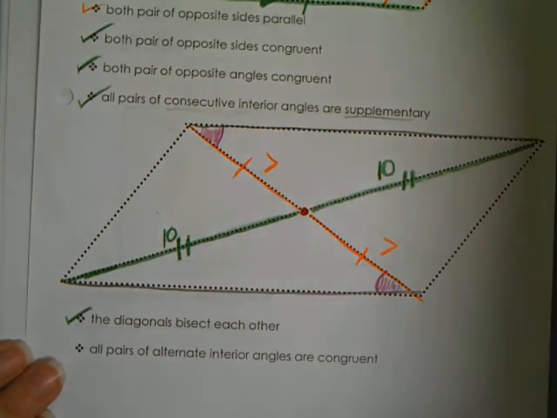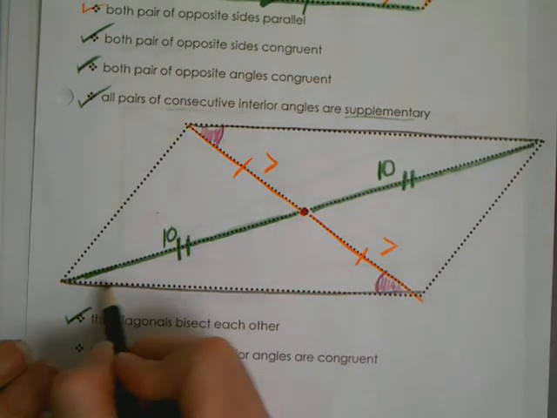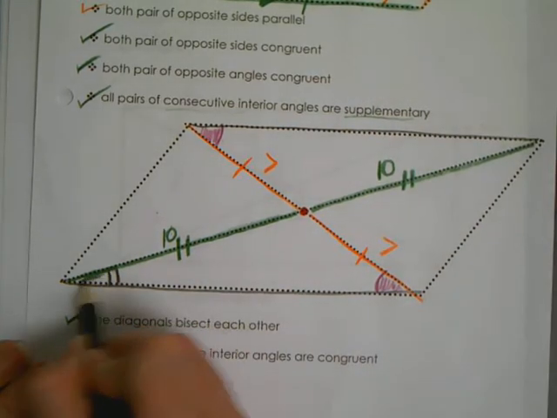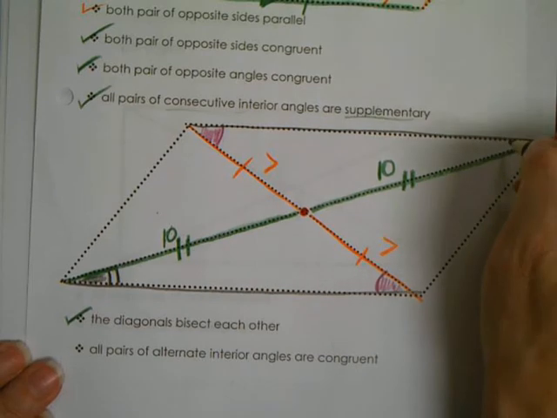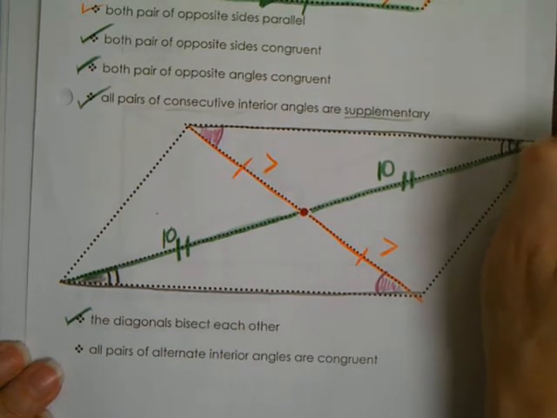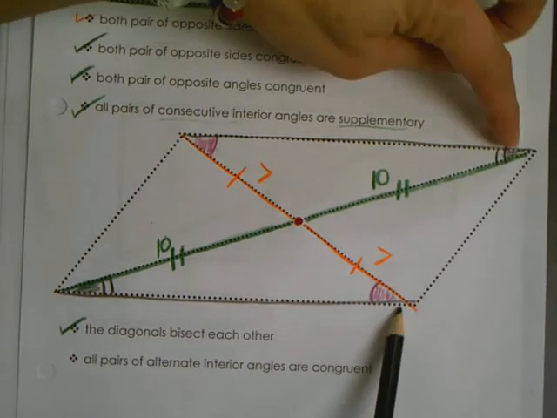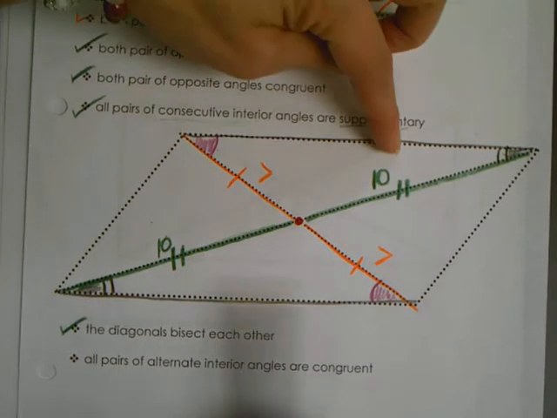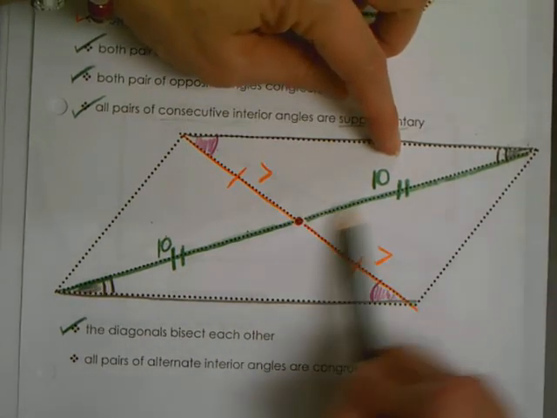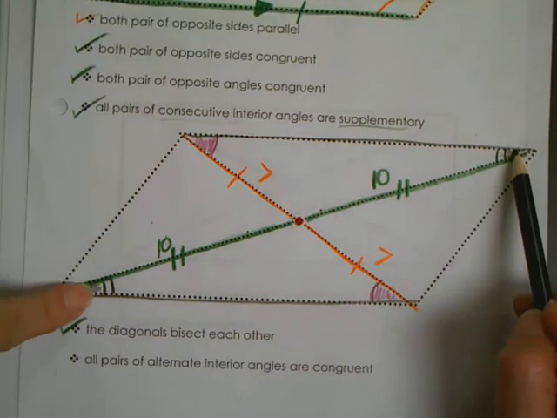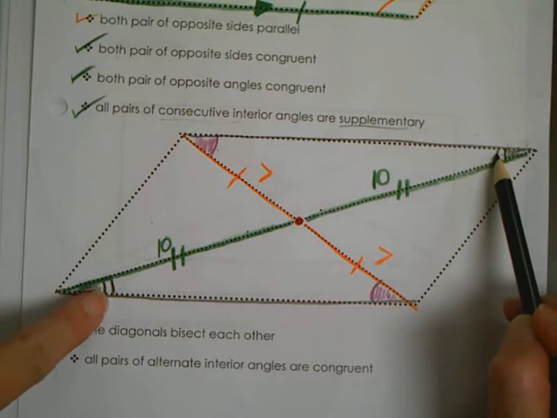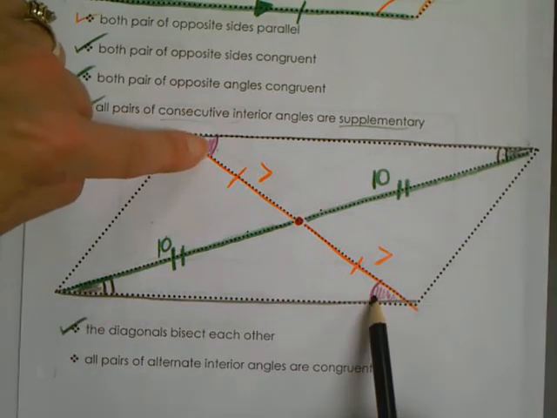And then this angle right here is congruent with this angle here. Because here's your parallel lines, here's your transversal that connects with both parallel lines, and so each one of these angles is going to be congruent here, here, and here.